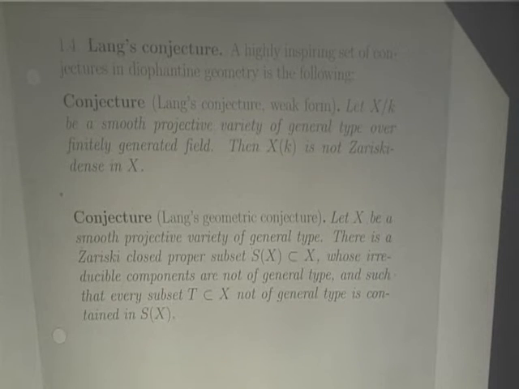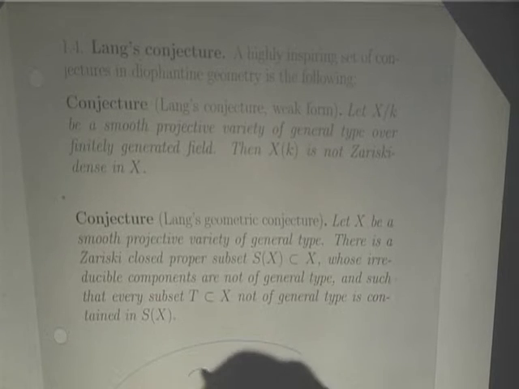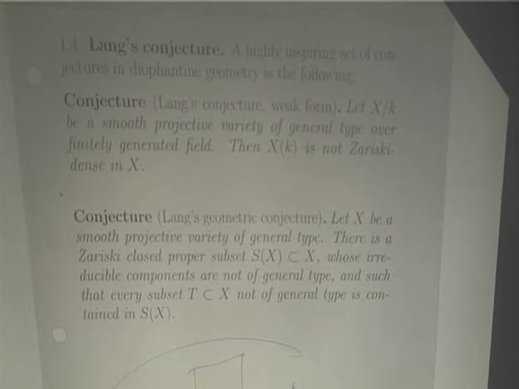So there's a geometric conjecture that says that if X is a smooth projective variety of general type, then you can try to collect all the subvarieties which are not of general type. And theoretically, they could be a countable collection, which might be dense.